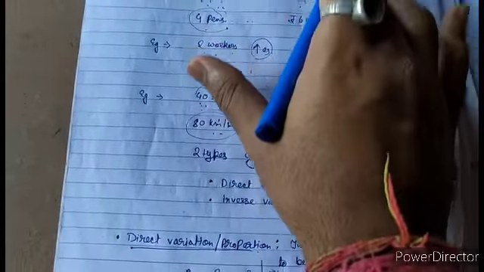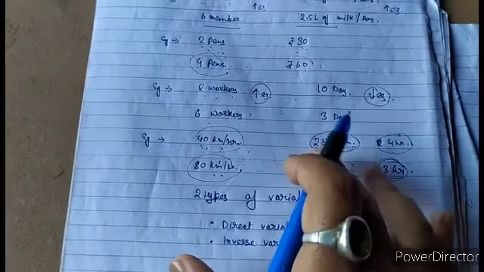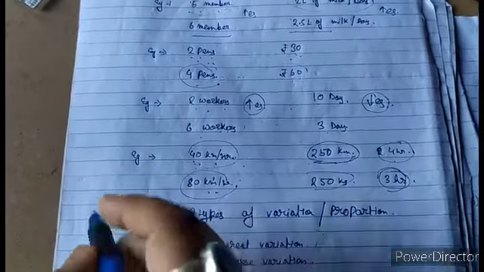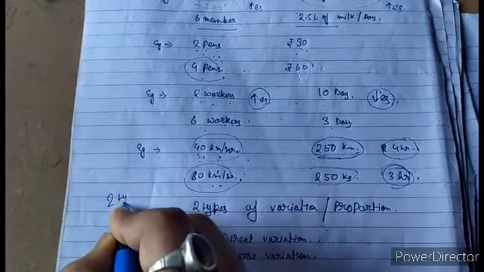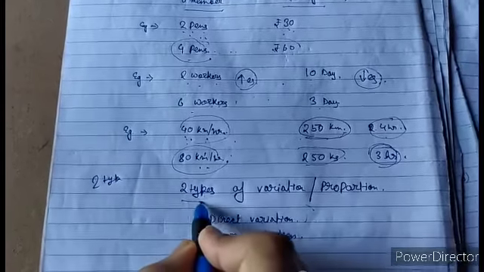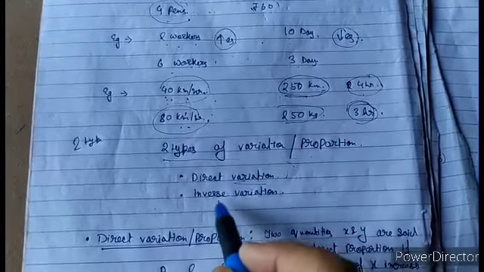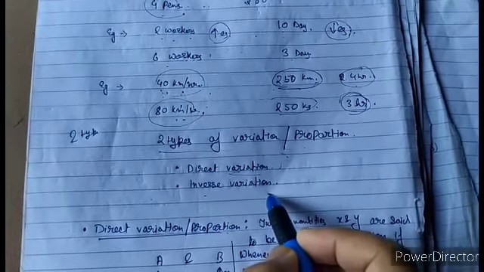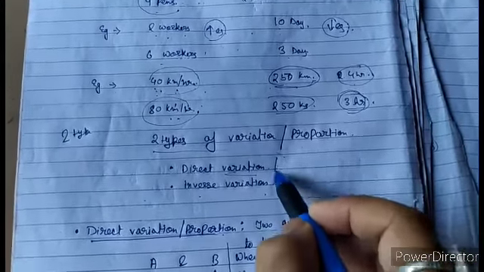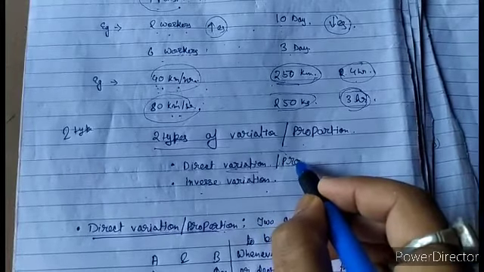From these four examples, what we can understand is that there are two types of variation or proportion. One is direct variation, another is inverse variation.